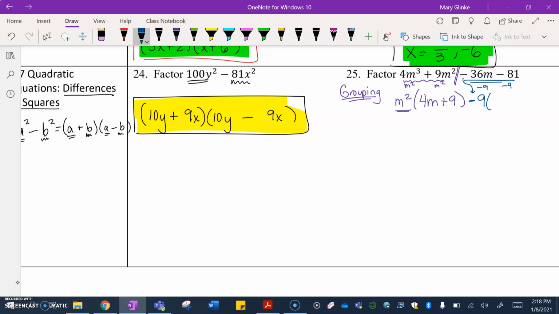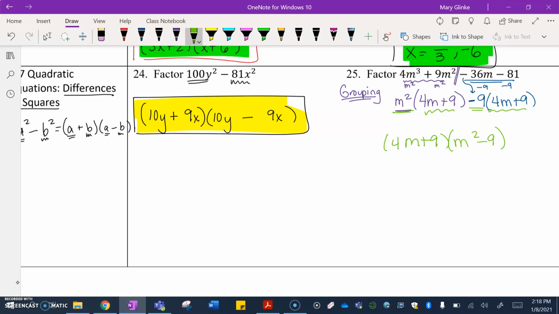So I'm going to divide each of those by negative 9. I would be left with 4m plus 9. So one of my factors here is going to be the 4m plus 9. The other factor here is going to be the m squared minus 9.